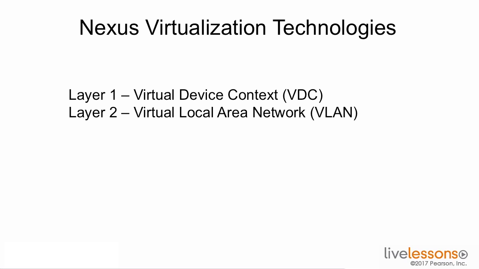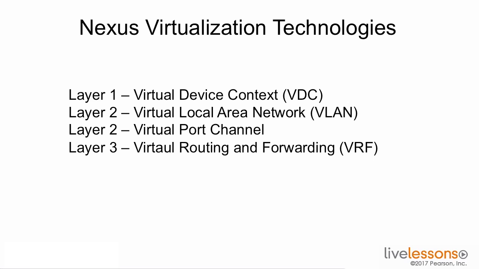If you're not familiar with VLANs, please download some of those chapters and review it there. The second layer 2 technology I'd like to talk about is virtual port channels. A virtual port channel is a virtualization feature that makes two Nexus switches look virtually like one switch, and it gives us certain advantages in the data center.